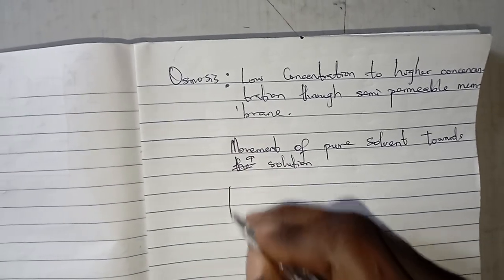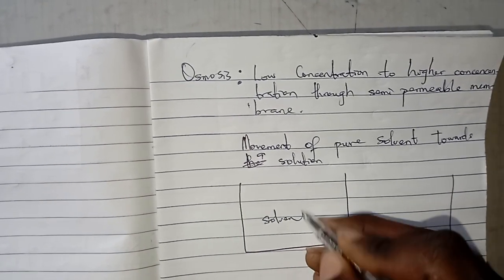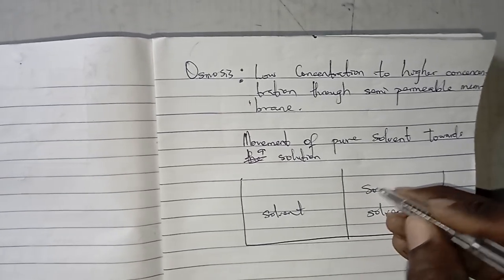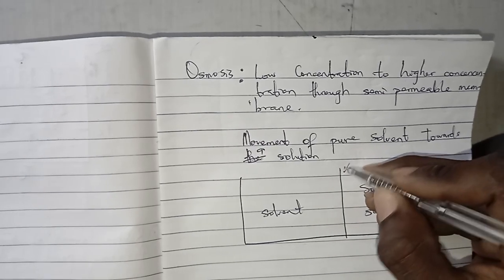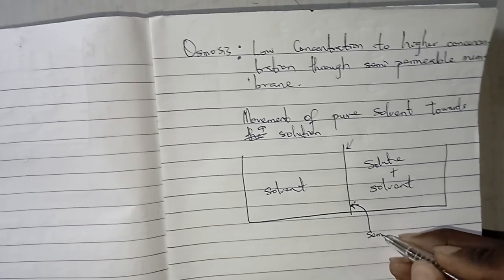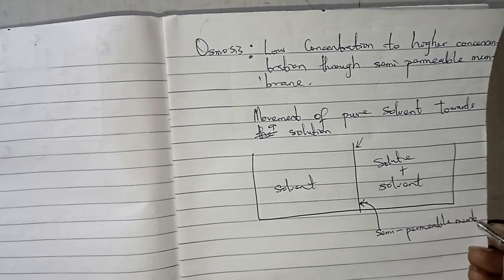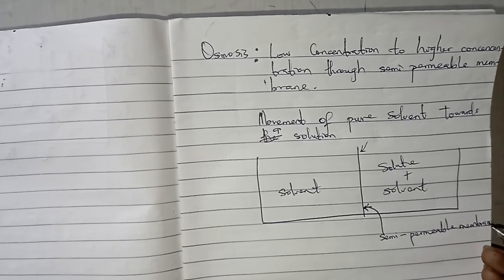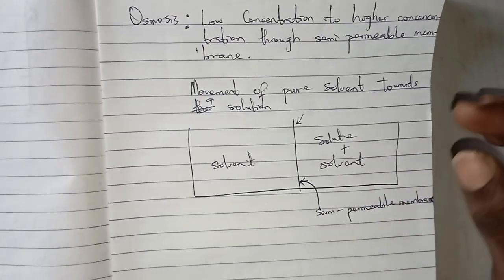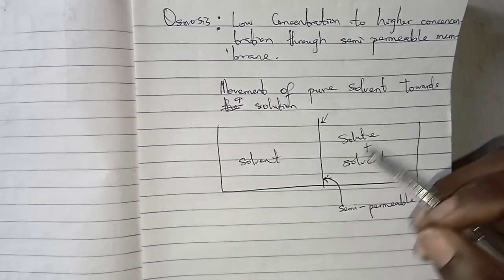So for example, if I have a bowl with water, solvent, on this side, and here I have solvent plus solute, and what is separating it is the semi-permeable membrane. You will notice that water will move from the part where you have pure water to the higher concentration, because it will tend to be drawn towards the part with solute. It will be pulling it more, through this semi-permeable membrane.